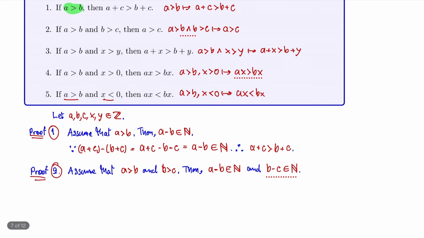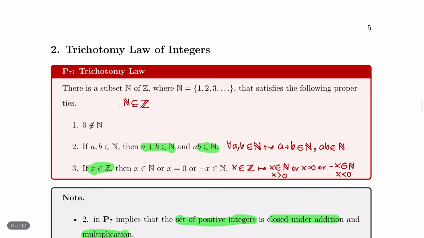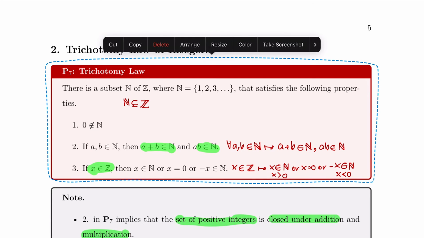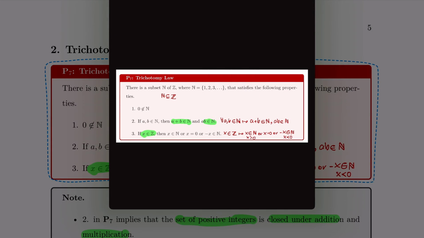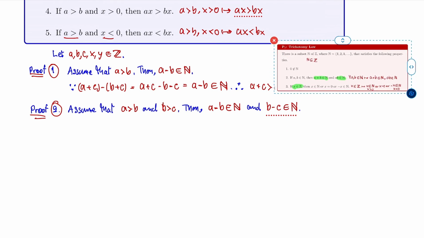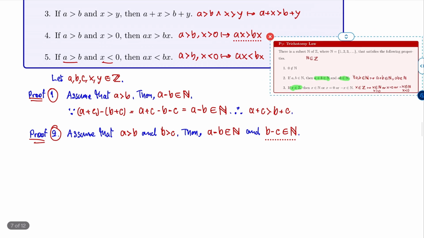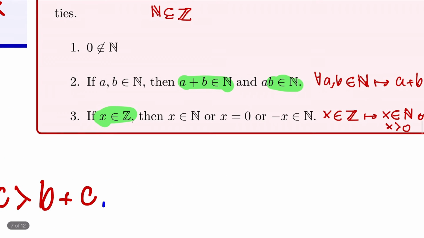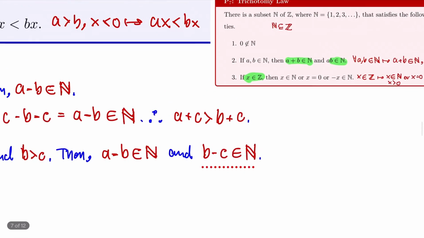Okay? And then what can we do? We have these two natural numbers. According to the trichotomy law, let me copy this law here. We know that if you select any two natural numbers, we have the closure property, right? So if a and b are natural numbers, a plus b must be a natural number.